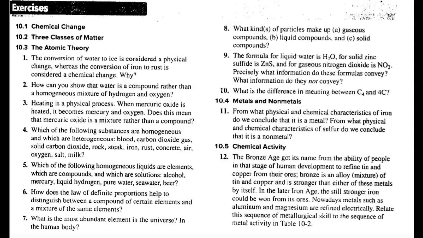We started with just iron, but because it's a chemical change, we end up with a substance that's totally different than what we start with. Whereas the conversion of water to ice is merely a physical change. There is no change in the H2O molecules. They just are now in the water state as opposed to the ice state.